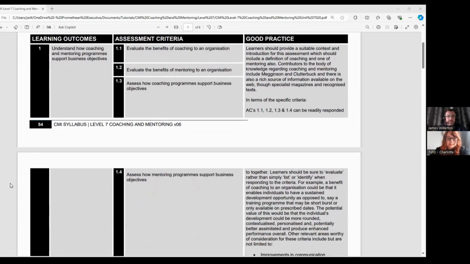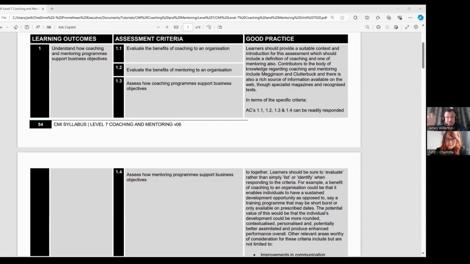Moving on to 1.3 and 1.4, we're looking at how coaching programs support business objectives and how mentoring programs support business objectives. So as part of your work in these assessment criteria, it will be good practice to define coaching and mentoring.